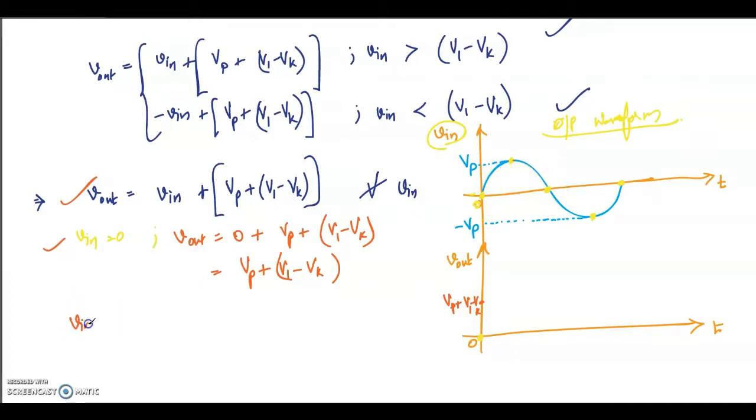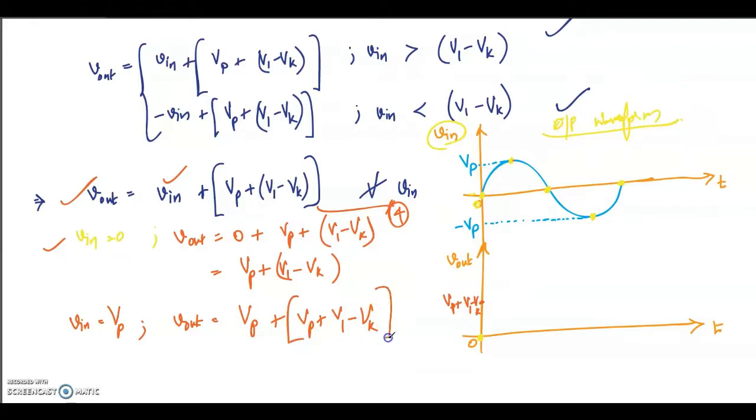Next key point here is Vp. When Vn is equal to Vp, at that time, V out is equal to, substituting Vn is equal to Vp, Vp plus V1 minus Vk. I am substituting it in equation number 4. I got this.